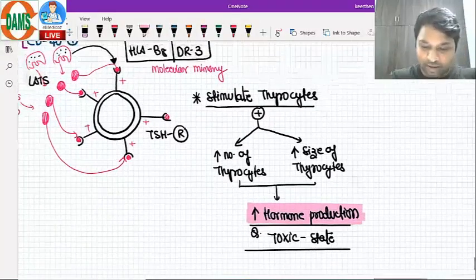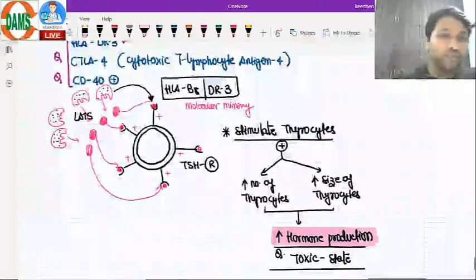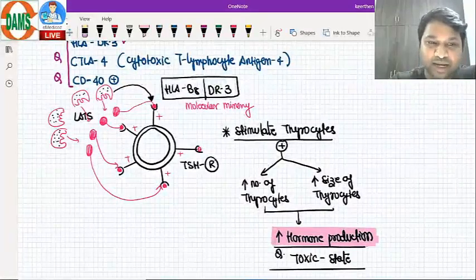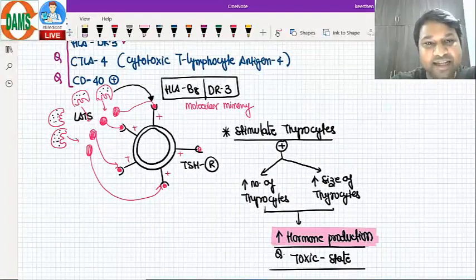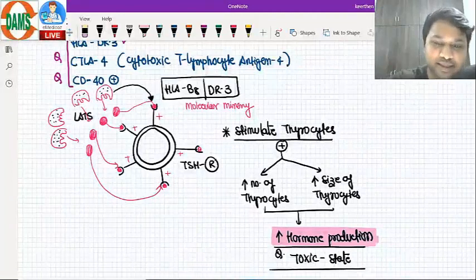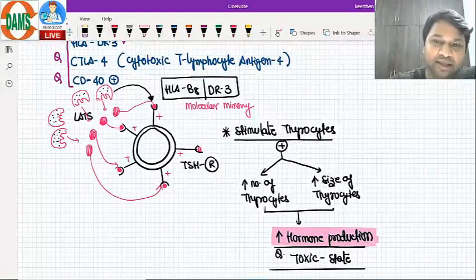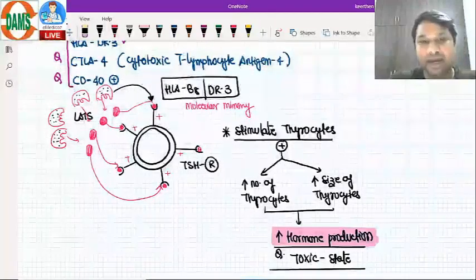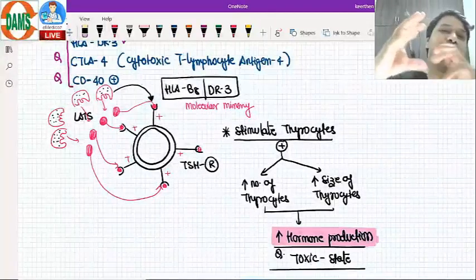Okay, I'll repeat again for those who are not able to follow. Everybody understood that the antibodies are formed, right? Those antibodies are against the TSH receptors, right? So they will try to go and bind to the TSH receptor. Initially, the antibody and the receptor configuration doesn't match.